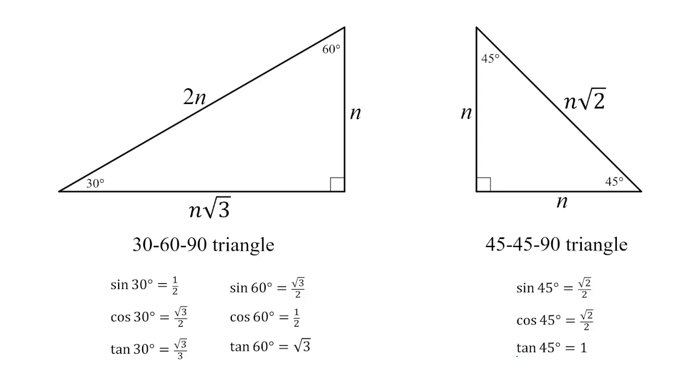So it is from these two special right triangles where we find the exact values of the trig functions of 30 degrees, 45 degrees, and 60 degrees. I'll give you a few seconds to look at these values, because in the examples we're going to be looking at later, you're going to see where these basic values come from.